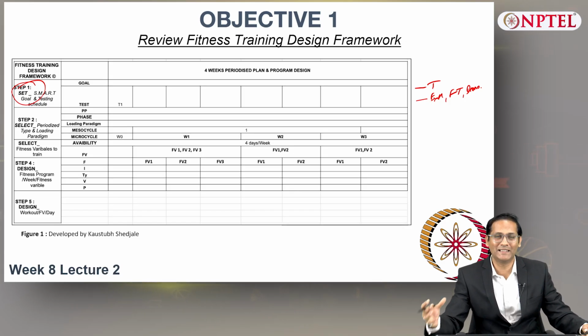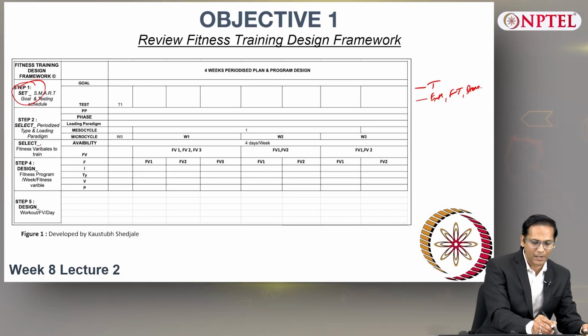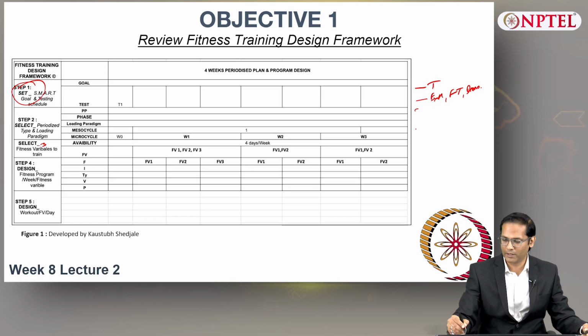This can also be called a block. Once you have created the block, then you select which fitness variable you are going to train within that block. This is step number 3. Step number 2 and step number 3 together are called creating a periodized planned program.